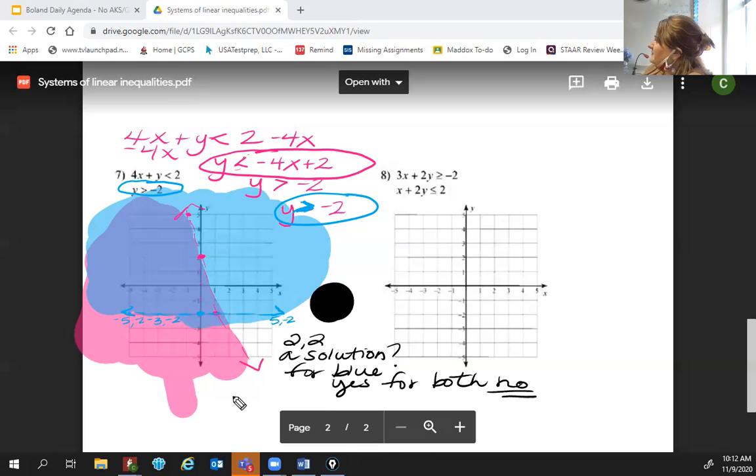Okay. What about -4? Is it a solution for both? Yes, a solution for both.